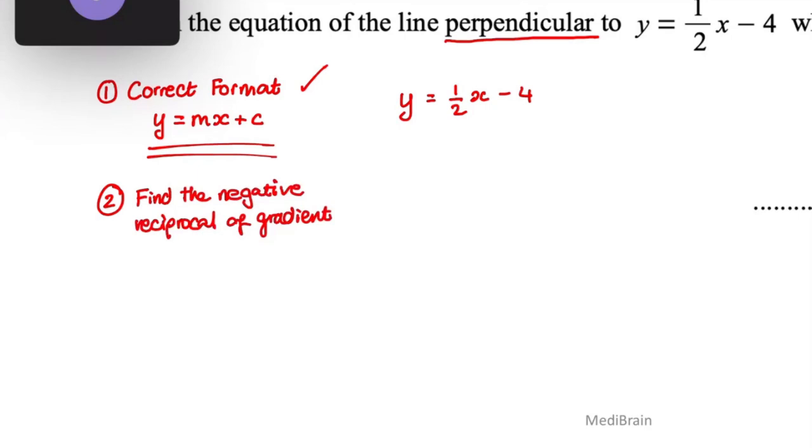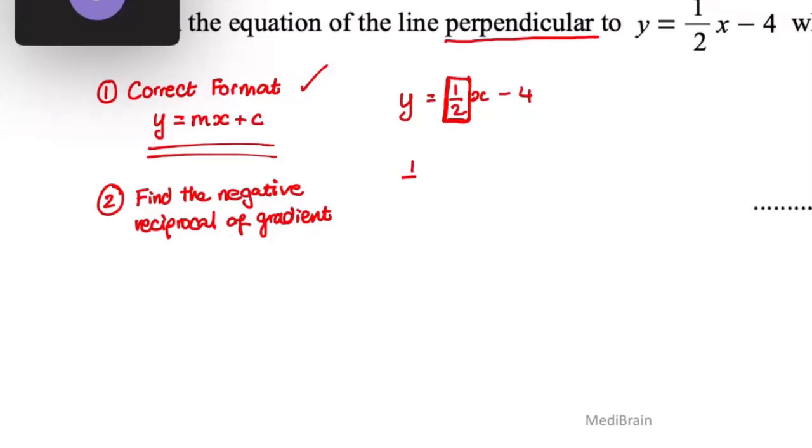So what's the gradient in this case? A half is the gradient. The number which is before the x is the gradient. So in this case, the half is the gradient. We are going to find the negative reciprocal of a half.